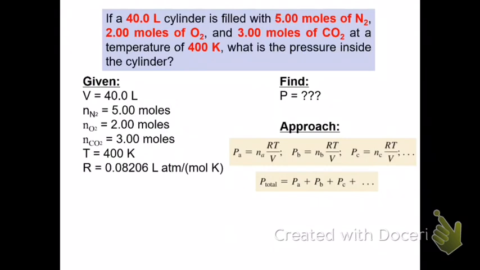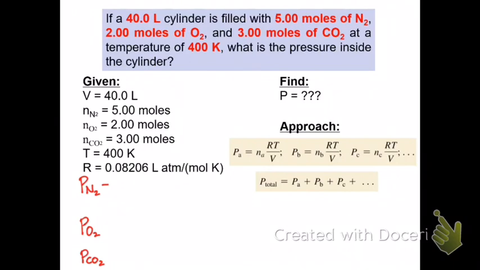All right, so we can determine the partial pressure of nitrogen gas, the partial pressure of oxygen gas, and the partial pressure of the carbon dioxide gas using these equations.